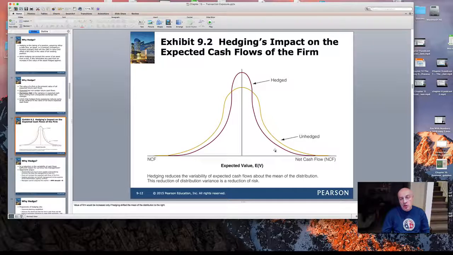That basically shows that we are narrowing what the potential loss could be if we don't hedge. And the value of the firm could potentially increase if we were able to shift this probability distribution to the right. We would then have a rightly skewed probability distribution curve, which would really minimize any potential losses that we have here on the left side.